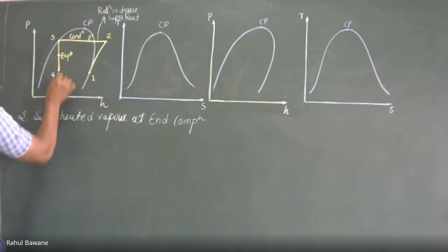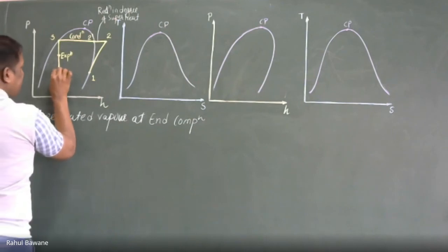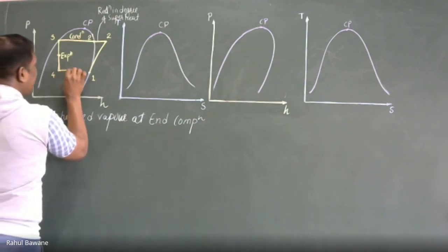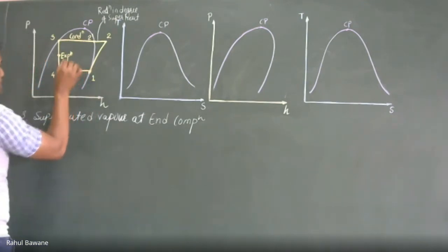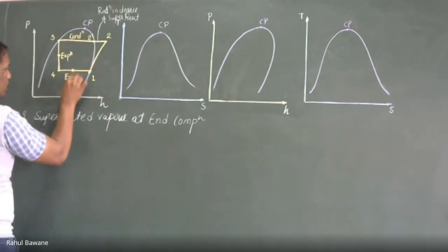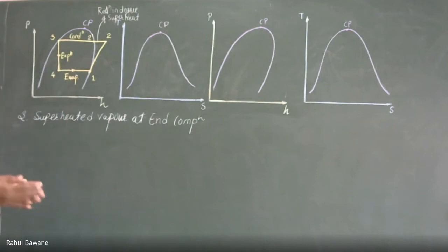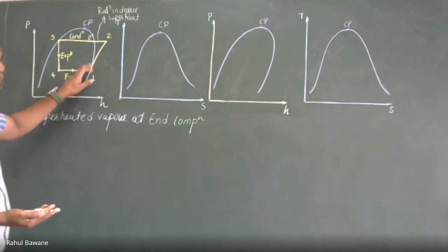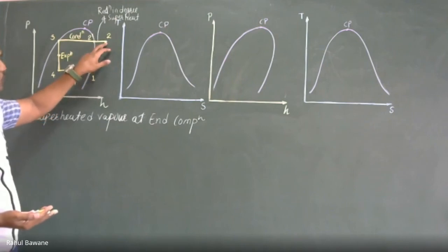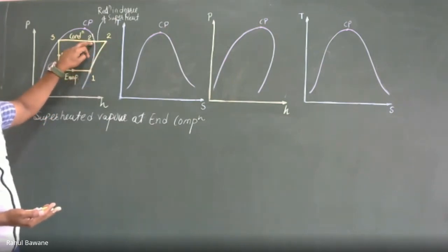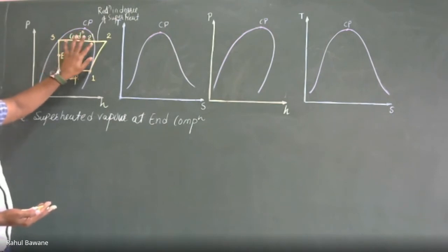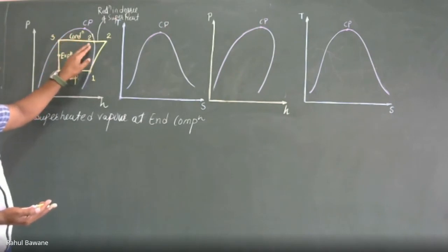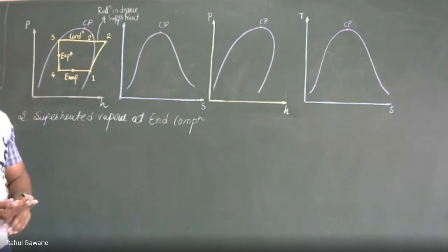From point 4 it enters the evaporator, where it extracts latent heat from the food content, its enthalpy increases, and this is evaporation. So when there is superheated vapor after compression, we first have to bring it to dry saturated condition. Then the phase change from vapor to liquid will start.